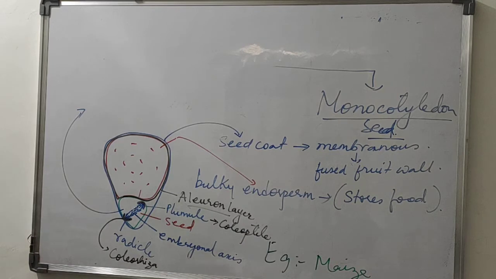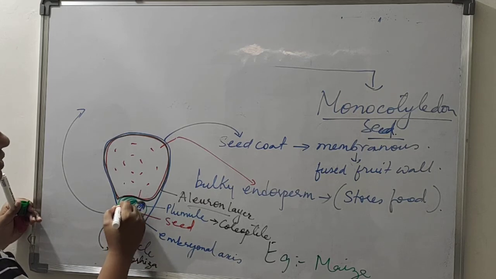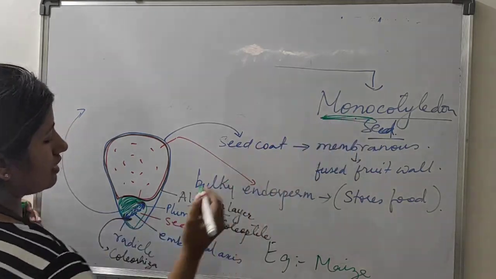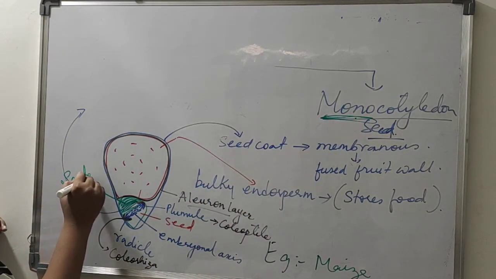And it has one cotyledon in this seed, only one large cotyledon. It is a monocot, and monocot means it has only one cotyledon. That cotyledon is known as scutellum.